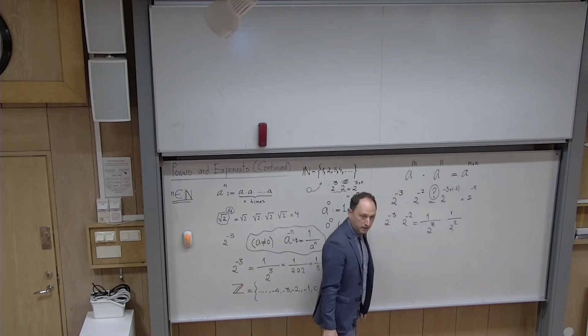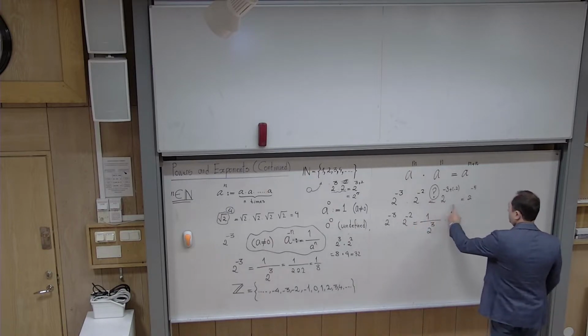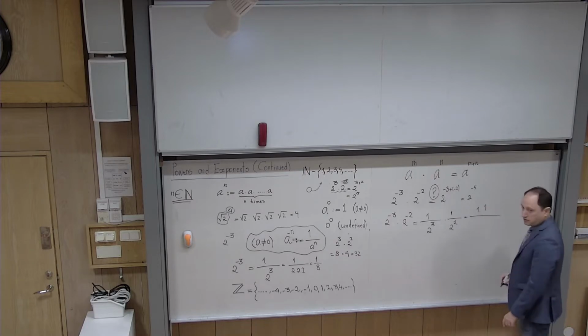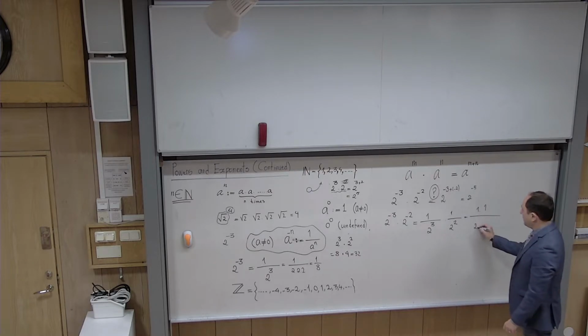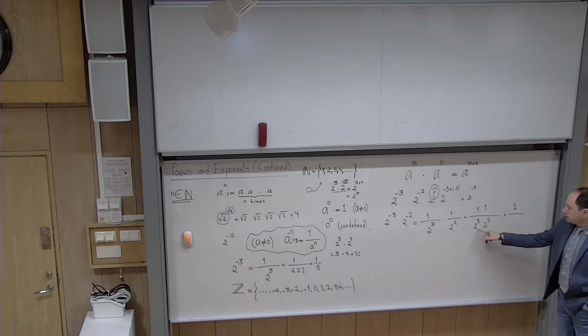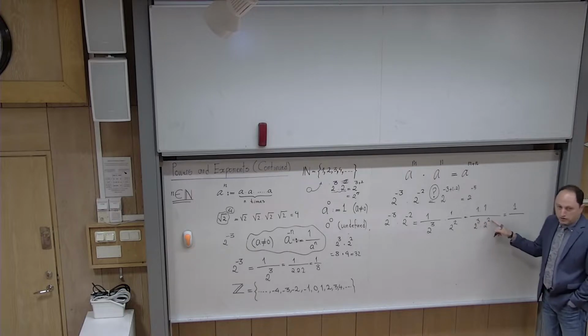Yes? But we learned that if I want to multiply this fraction by that fraction, I have to multiply the numerators. I have to multiply the denominators. Yes? For the numerator, I don't have any problem, so that's 1. But for the denominator, I can immediately use the rule because now they are positive powers.